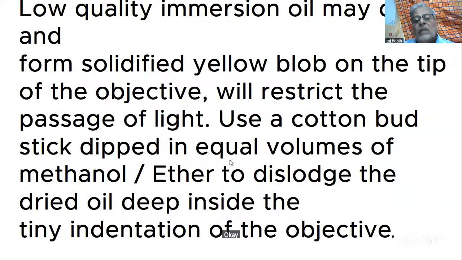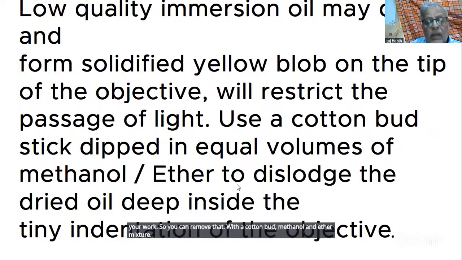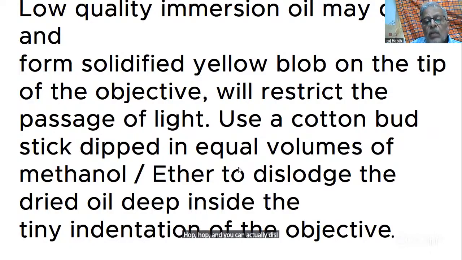Okay, occasionally, with the low quality immersion oil, you will get a solidified yellow blob on the objective, which will restrict your work. So you can remove that with a cotton bud and a methanol and ether mixture, half and half, and you can actually dislodge that yellow blob.